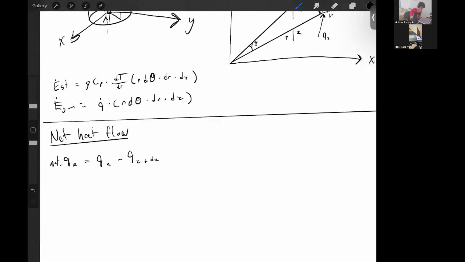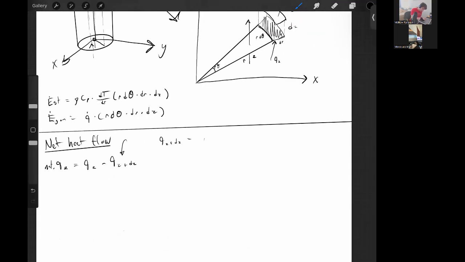And as I was saying, we're going to use the Taylor series approximation here to give us our value here. Q of z plus d of z, which is our heat flow of the z direction plus the change of the z direction, equals, let's see here, our heat flow of z plus the sensitivity, or we can imagine this as the change of Q in regards to the change of distance z, multiplied by that distance of d of z.